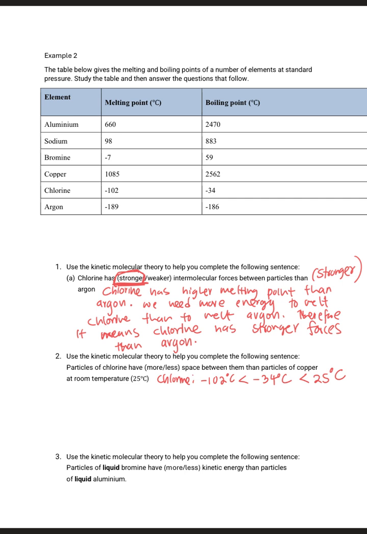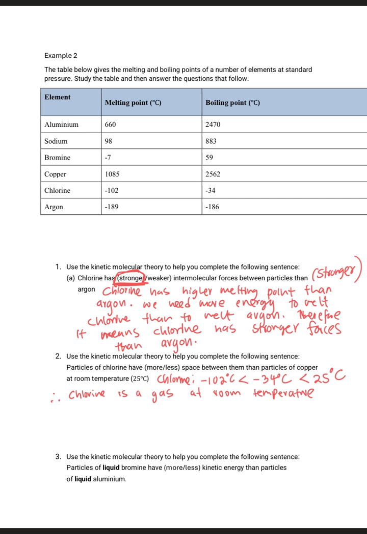So it means at room temperature, chlorine exists as a gas. Why? Because room temperature is greater than the boiling point of chlorine. So chlorine is a gas at room temperature.